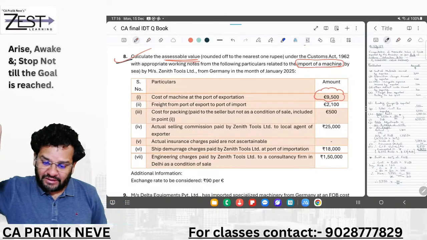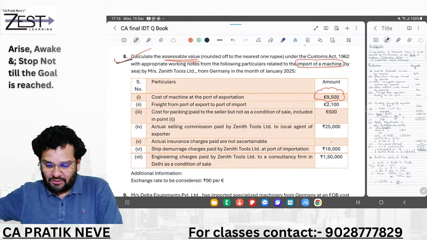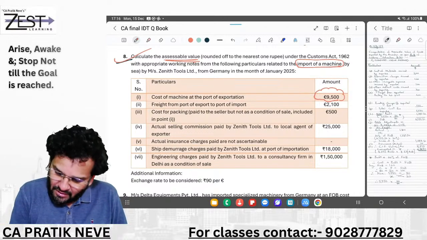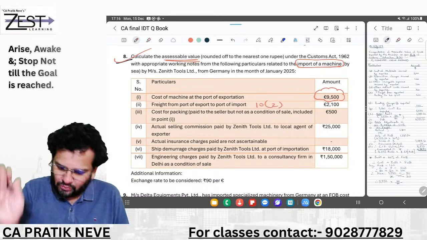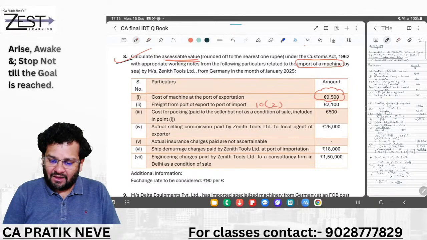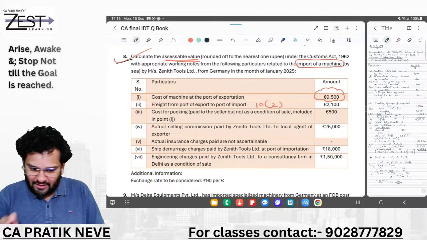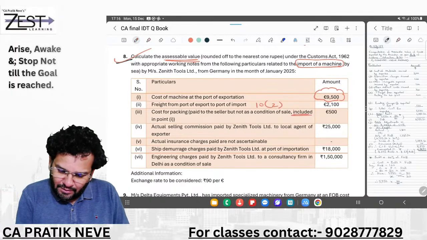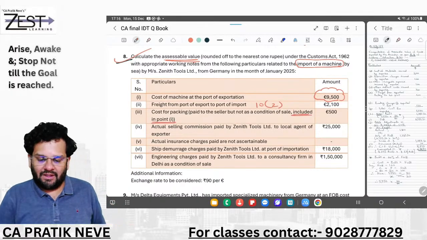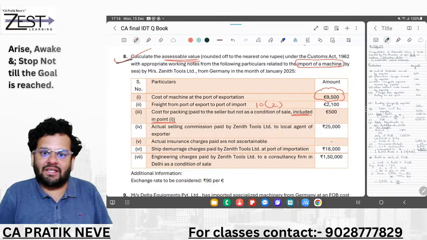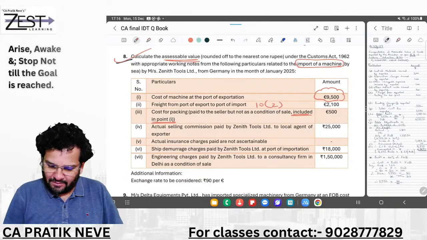Now freight from exporter's port to importer's port. You know this is adjustment of 10(2). Cost of packing paid to seller but not as condition of sale, and it is included in point 1. So anyways, that is the amount paid to the seller, so it should be included.